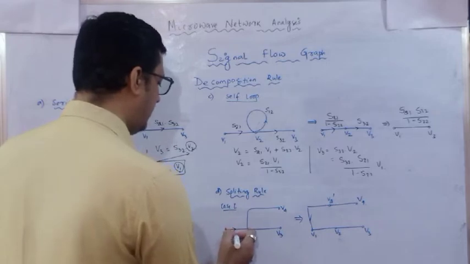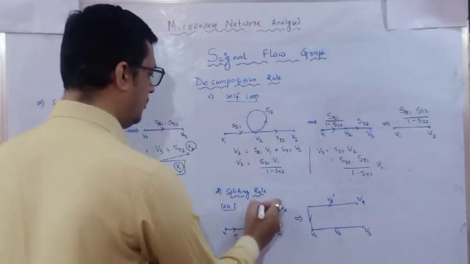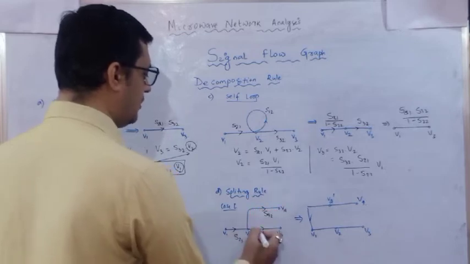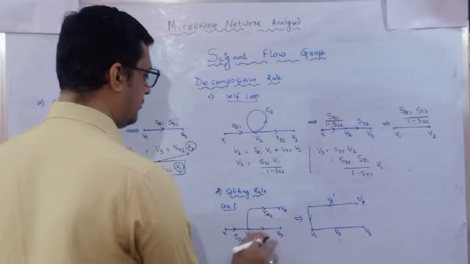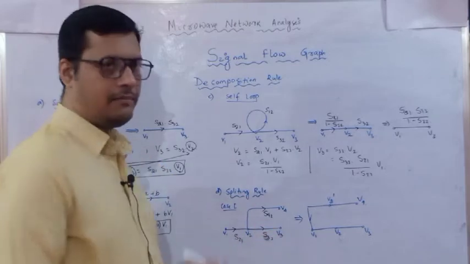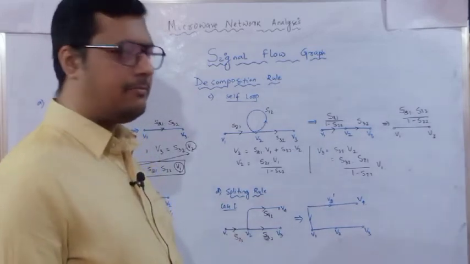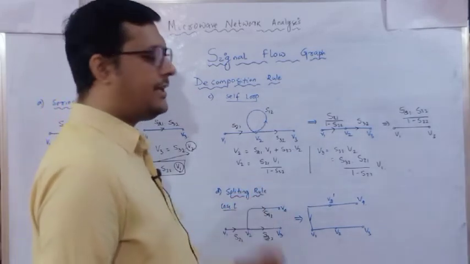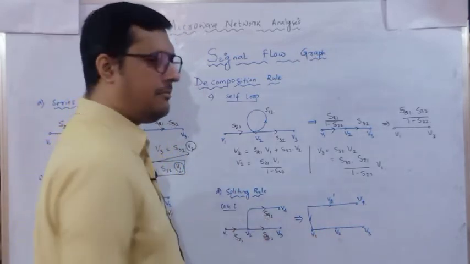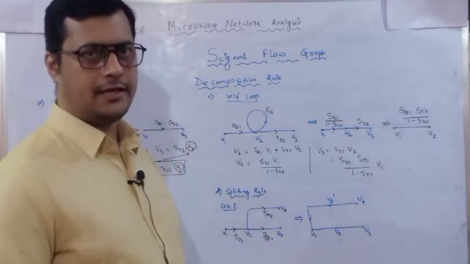So V1 to V2 it is S21, 2 to 4 I can write S42, and 2 to 3 I can write S32. Okay, these are the scattering parameters. Now these scattering parameters can also be represented in terms of the splitting rule. It can be split up. Means if the branch is shifted to the main branch, then what will be the parameters we are going to identify? That is the splitting rule.